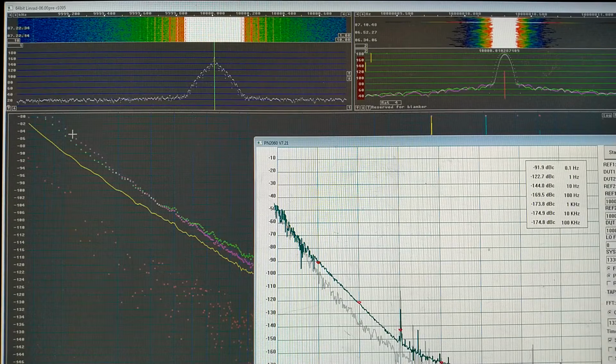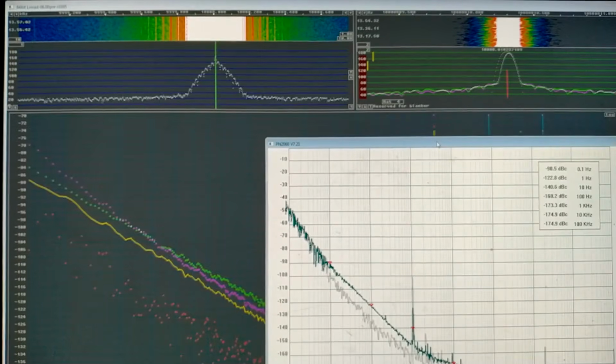Anyway, the temperature now is 80.2 degrees. I have restarted Linrad and also the PN2060. It has been running now for 6 hours and 25 minutes.